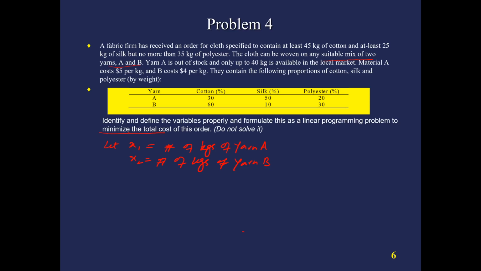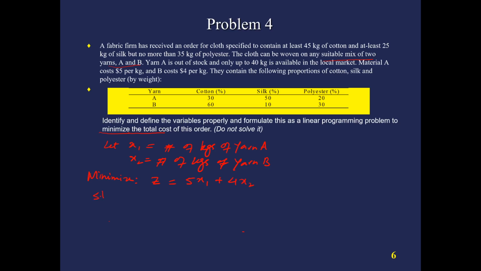The cost of yarn A and yarn B are given, so we say minimize Z is equal to yarn A is costing us $5 per kilogram, so 5x1 plus 4x2 yarn B. All right.